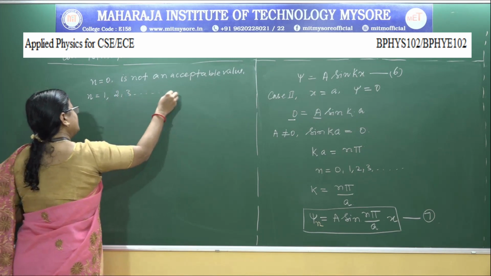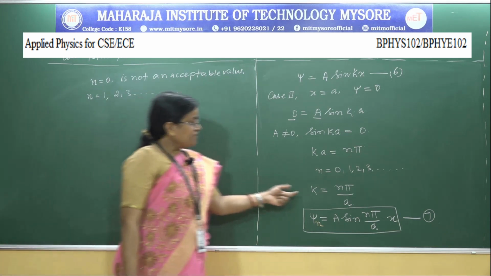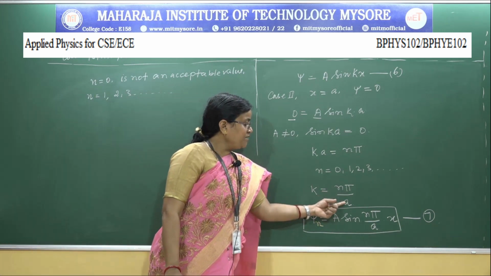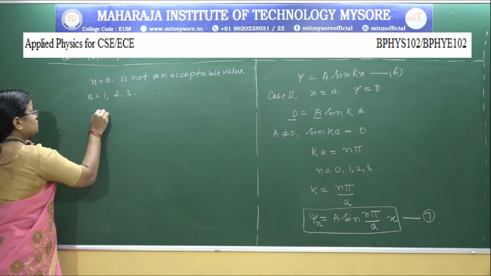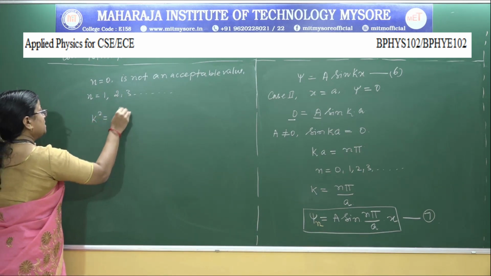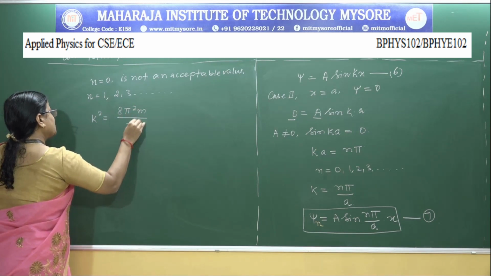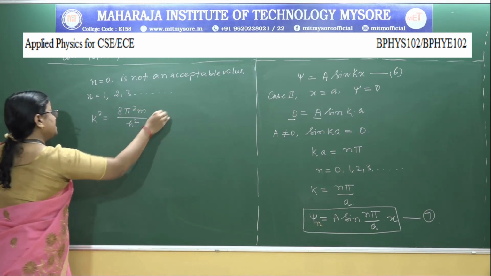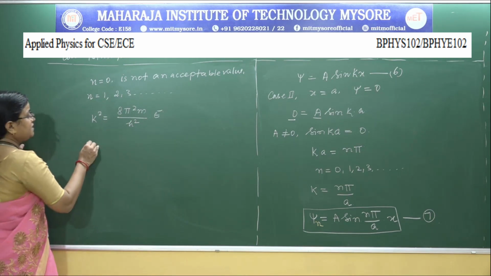Now, as we know ka = nπ, we have substituted for k² = (8π²m/h²)E. This is the value of k². So, what is k now?